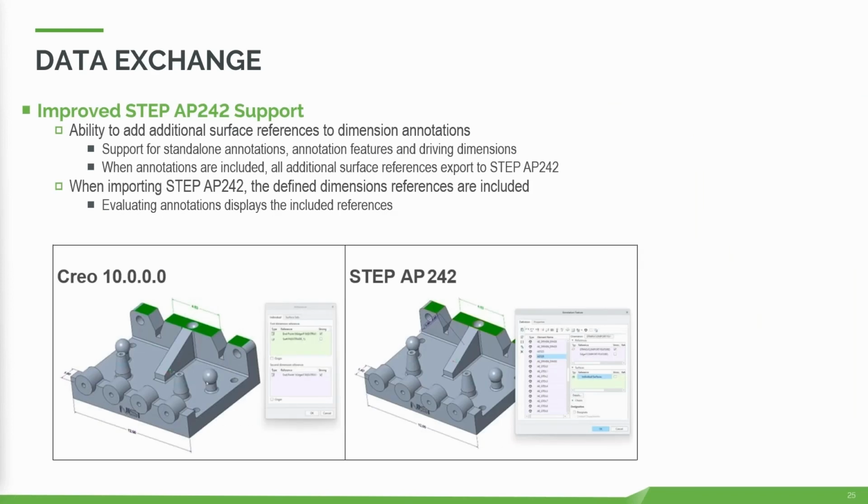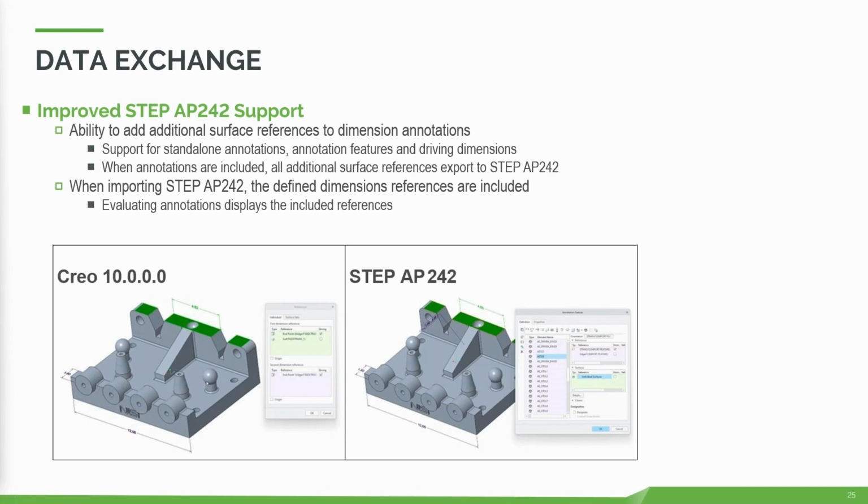I guess related to the MBD data exchange, obviously you can send out data through Creo files, but in terms of general exchange, STEP AP242 is the best option for capturing all of that PMI or annotation information. Again, there are updates to include additional surface references, what we call the semantics.